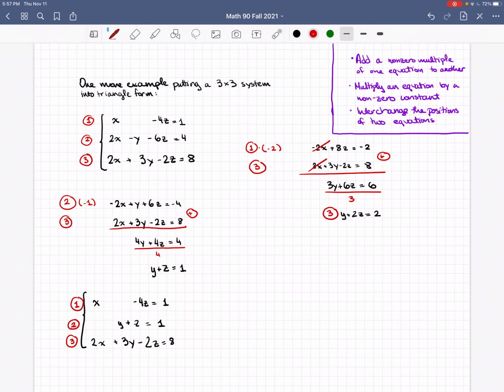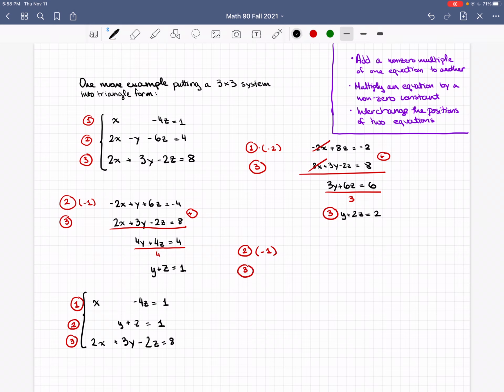Now remember, we said that our plan was that we were then going to use the second equation to eliminate y. So I'm going to go ahead and go straight into that. I'm going to take my second equation, multiply it by -1, and then add that to my new third equation.